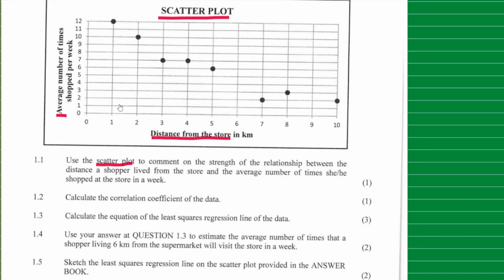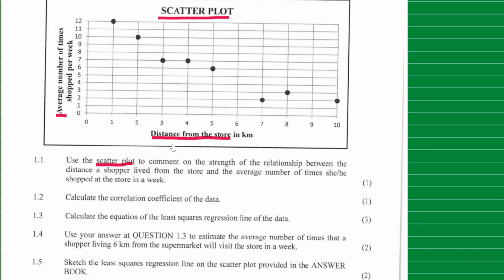Well, we might conclude and say the further the store is from us, the less likely it is that we will shop at that store. So there might be a relationship.